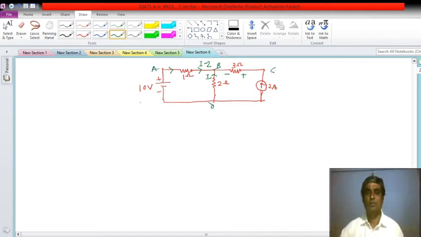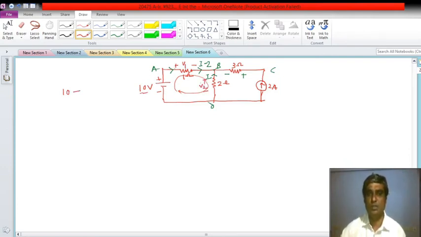Now first let me find out the value of I. What can be done? As last time, whatever we have done, we'll use that only. So instead of taking the whole loop, let me take this loop and apply KVL here. Let us see what will happen. This voltage rise is 10 volt. Suppose this is my voltage drop V1 and this is my voltage drop V2, for example. So how much is it?